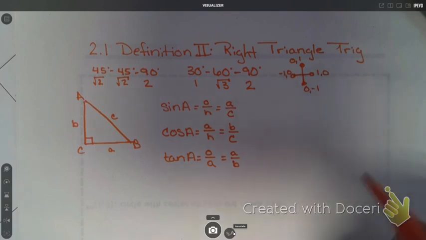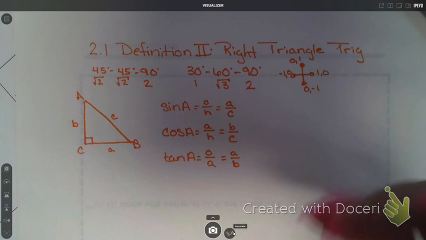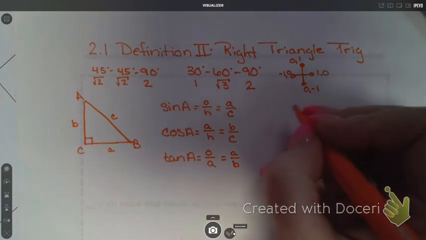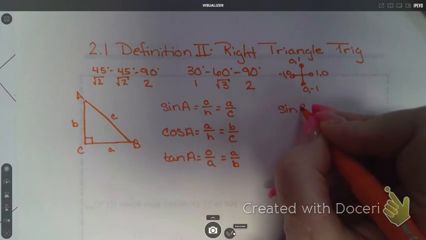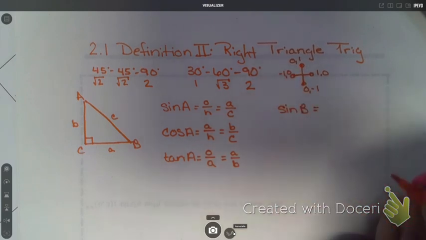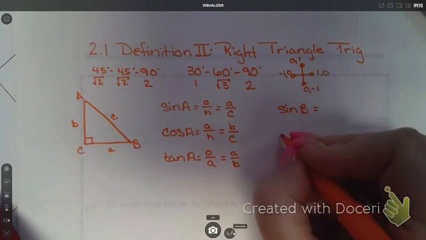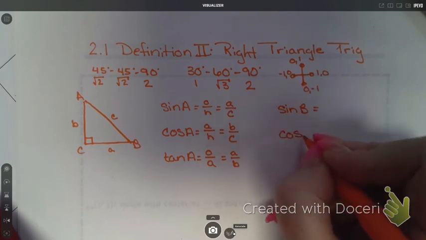So if I asked you the cosecant, you would tell me it's what? C over A. Secant is C over B. Cotangent is B over A. Okay, now I am going to do the sine of B next to here, and the cosine of B. Actually, you are going to do them.